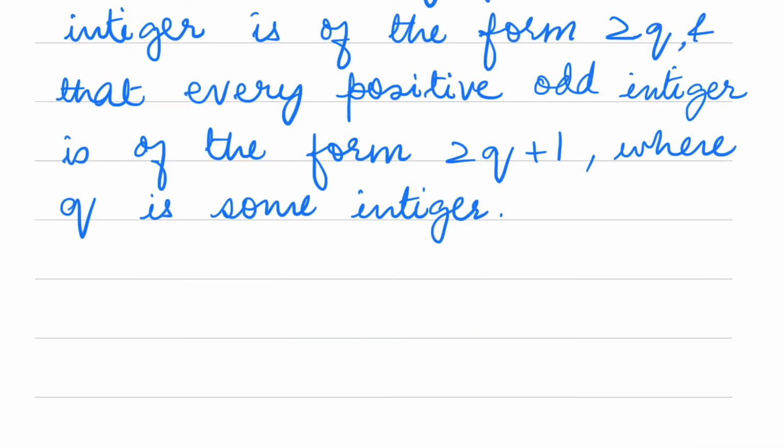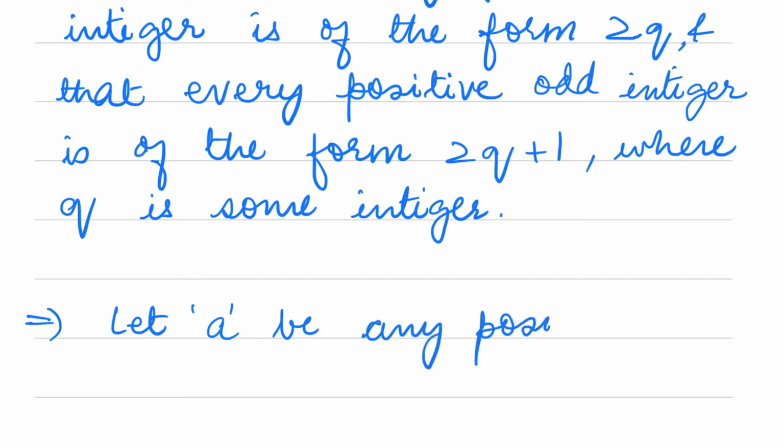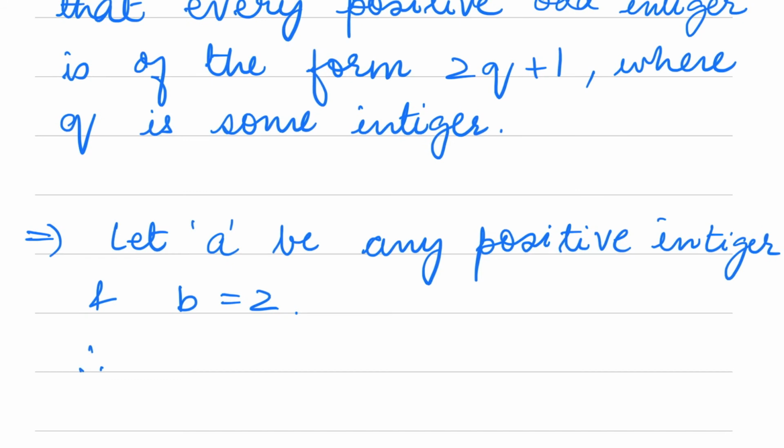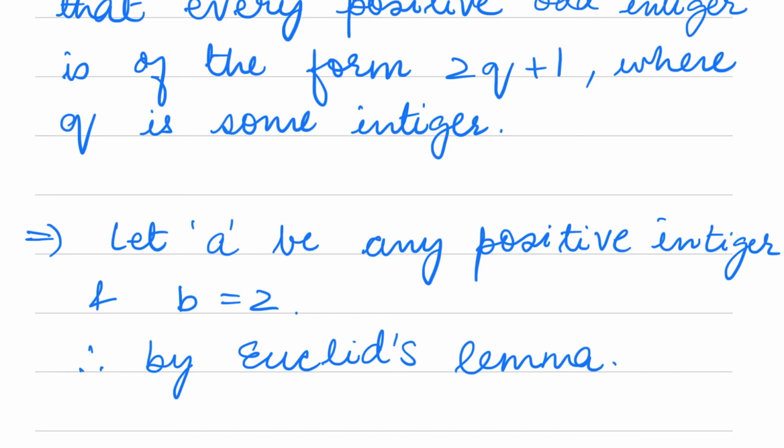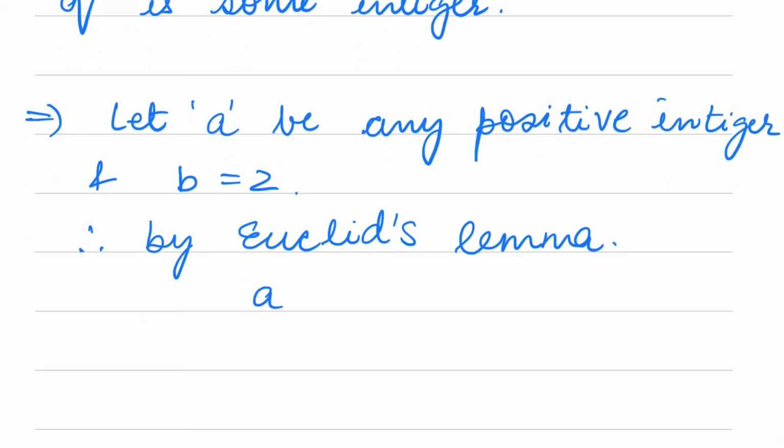So in this case, let a be any positive integer, b be 2. Therefore, by Euclid's lemma, we can say a is equal to 2q plus r, where r is greater than or equal to 0 and it is less than 2.